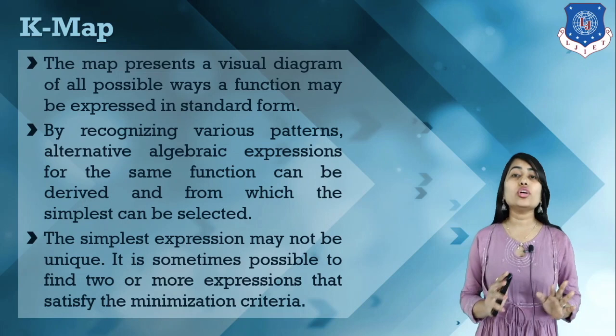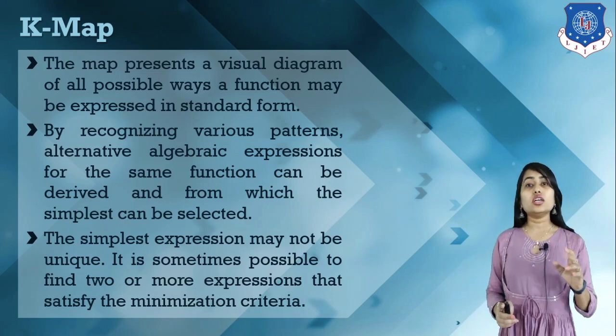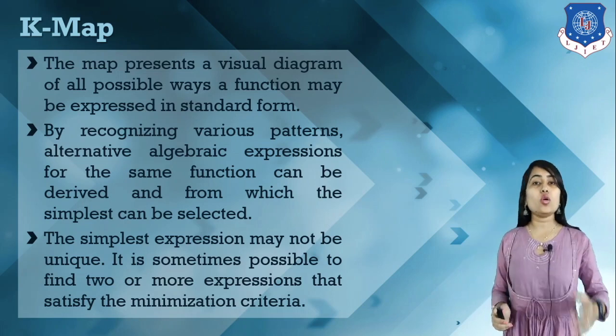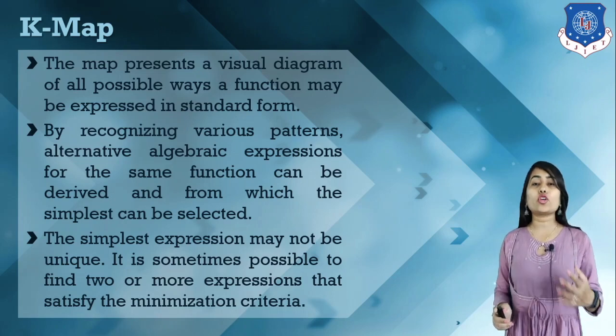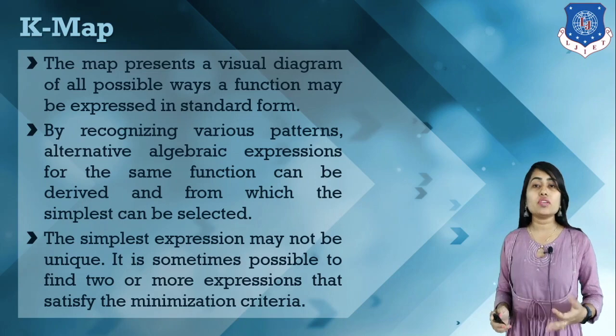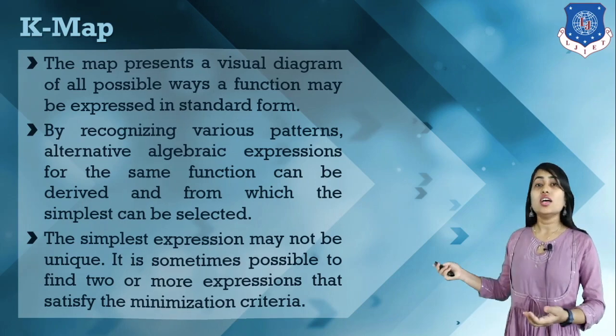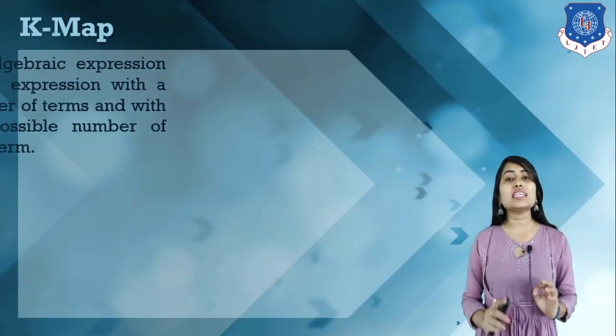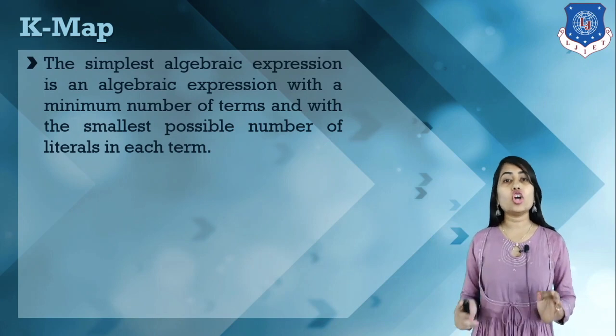So in a K-map we have a simplified answer, and how do we get that simplified answer? By recognizing the pattern, we can simplify our logical functions. This K-map is used to simplify the logical functions.